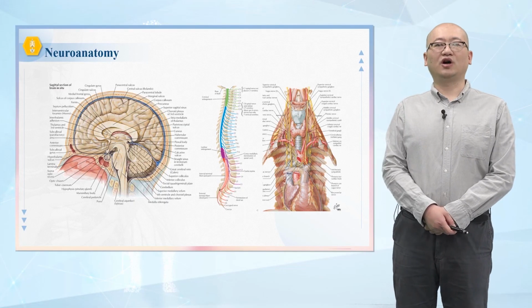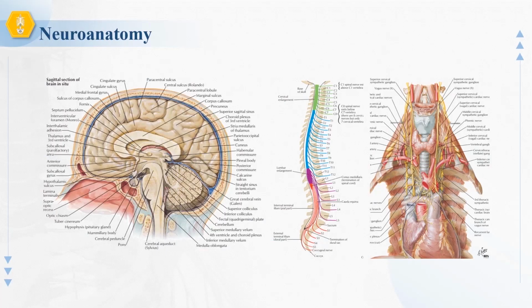Neuroanatomy is a branch of anatomy that studies the anatomic organization of the nervous system. The human nervous system is divided into the central and peripheral nervous systems. The central nervous system consists of the brain and spinal cord and plays a key role in controlling behaviors. The peripheral nervous system is made up of the neurons in the body outside the central nervous system.